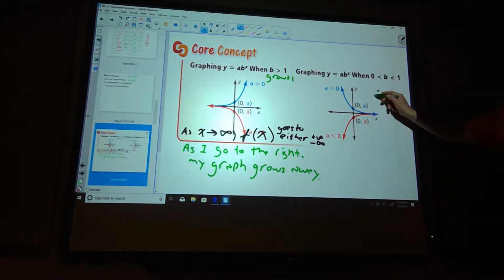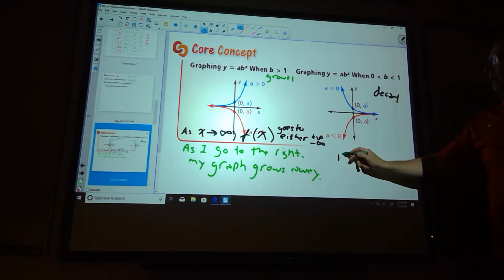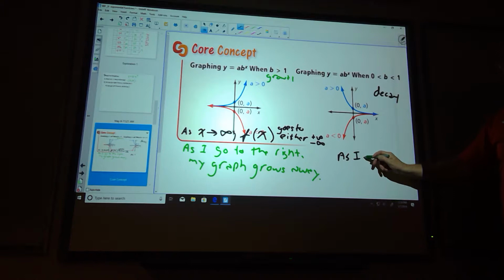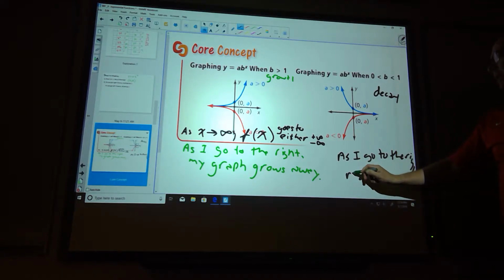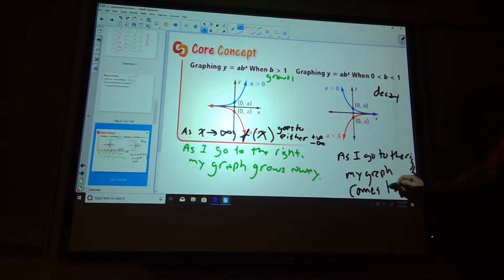These are decay. And so as I go to the right, my graph comes to the asymptote.